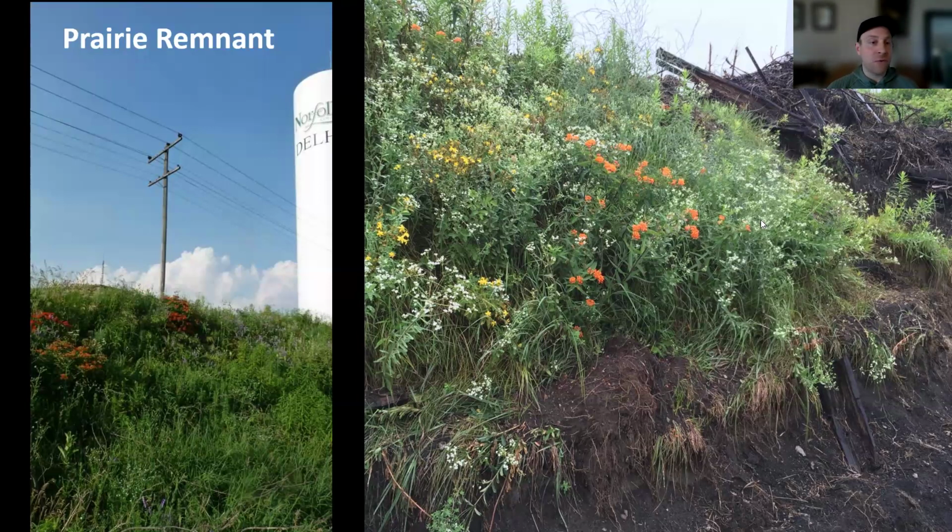It's an ancestral tallgrass prairie in Delhi, Ontario. This is one of the most diverse and largest prairies left, frankly, in southwestern Ontario, and the site of 3 different prairie milkweeds.